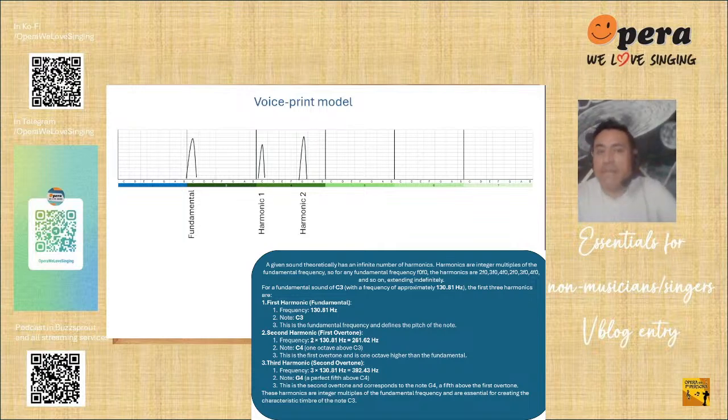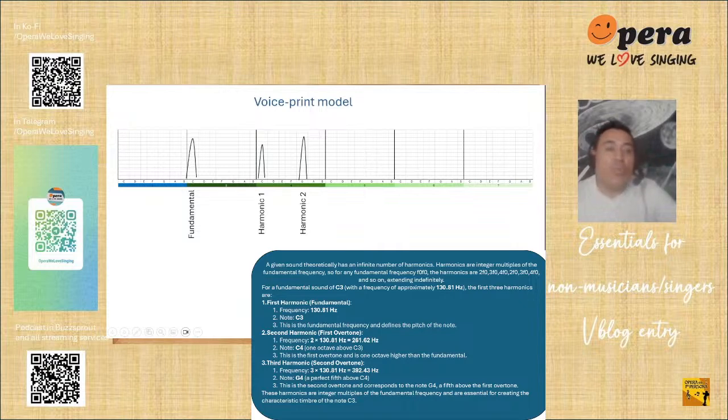And before I forget, notice that even though the grid here has the same width, it is not the same width. Truth is that from the E to the F and from the B to the C it is a semitone, because remember that we have tones and semitones. There are two that have semitones instead of a complete tone, from the Mi to the Fa and from the Si to the Do. That's why it is mapped differently. So based on the frequency, we know that the second harmonic is a G.